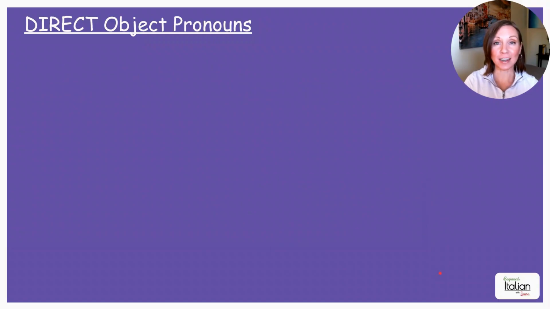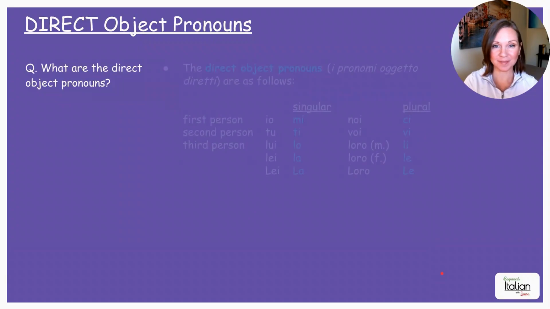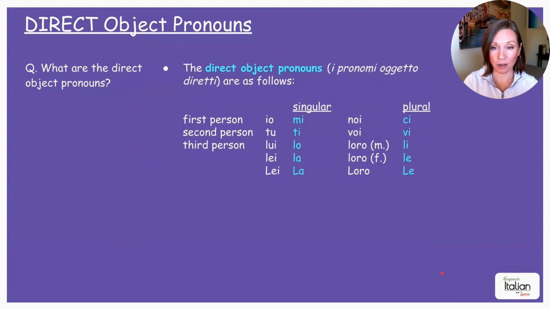Okay, direct object pronouns. What are the direct object pronouns? So the direct object pronouns, i pronomi oggetto diretti, are as follows. Okay, so I have a little chart here. If you are talking about the first person singular, you're going to use mi.